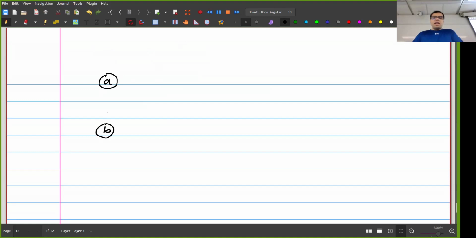Now, I want to have a vertex that gets the color of A or B. Can I create a graph that ensures that's what's happening? So basically, I want to make sure that if I've assigned the color of true to either A or B, then I can assign the same color, the color of true, to this vertex.